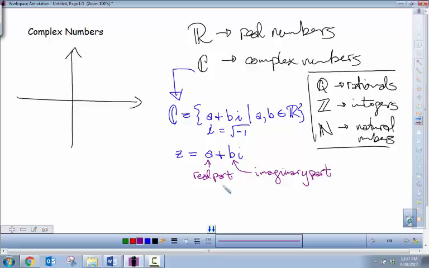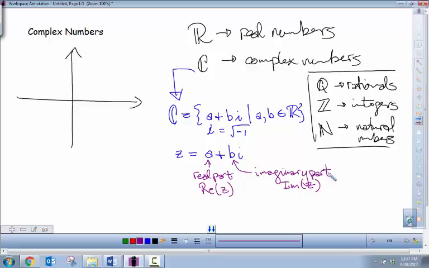And sometimes they denote the real part with Re of z, that's the real part of z. And the imaginary part, they call it Im of z, that's the imaginary part of z.